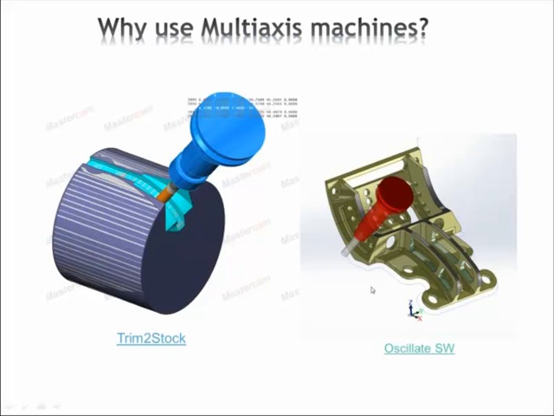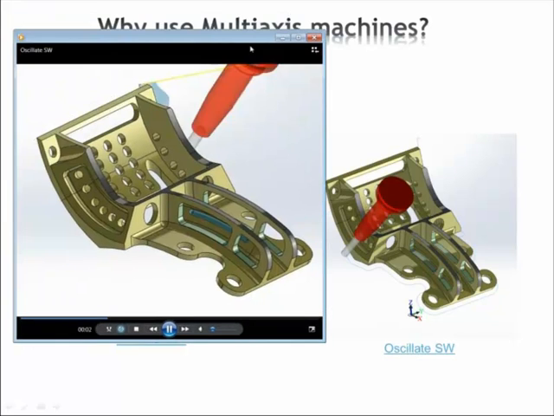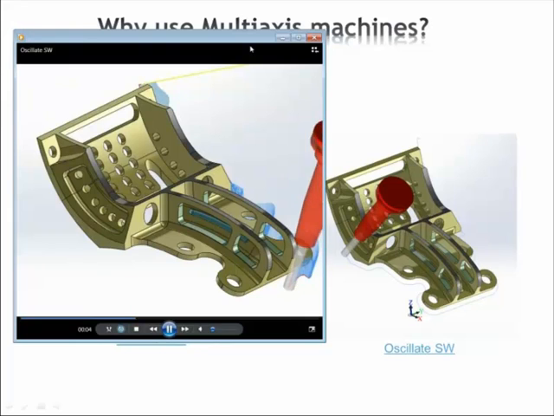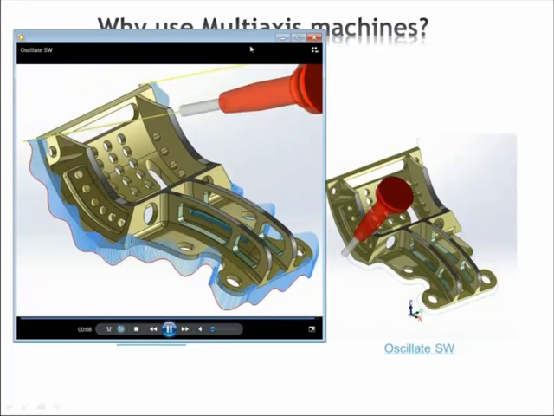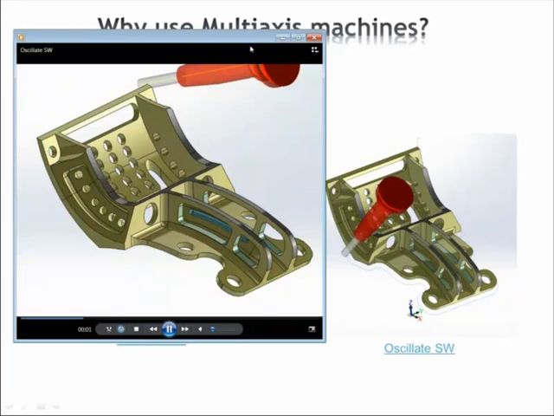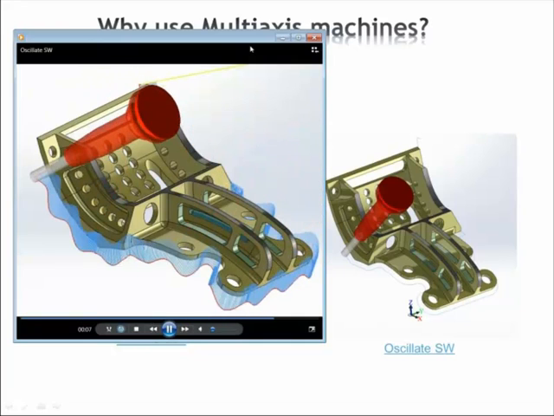Another thing that you can do also is we are trimming this part, and let me just show you the actual motion. We're not just trimming it, we're actually going up and down. We're oscillating the tool up and down in order to avoid tool wear in the same spot. We developed this based on our customer feedback.